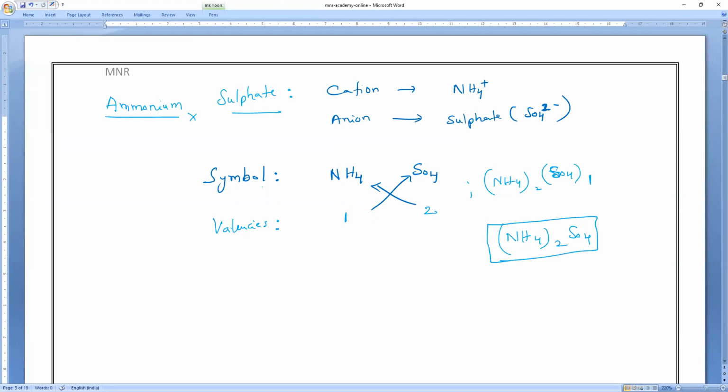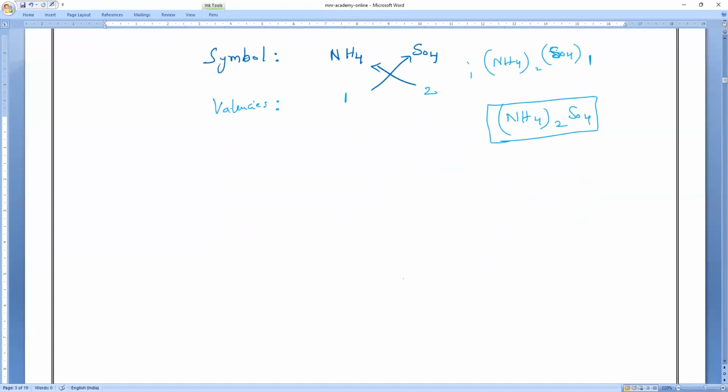Are you clear, everybody? Formula cannot be changed. Whoever it is, remember, the formula always remains the same, because if the formula is modified, then the structure will change, then the properties will change. Nobody has the right to change the formula. Are you clear, everybody?